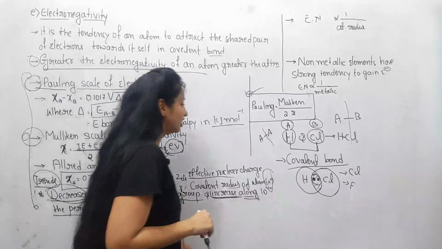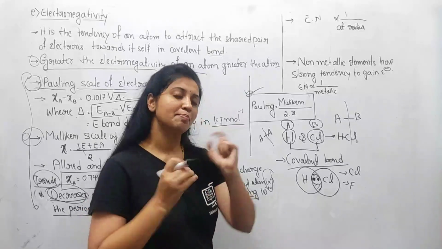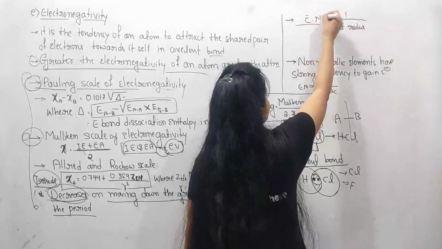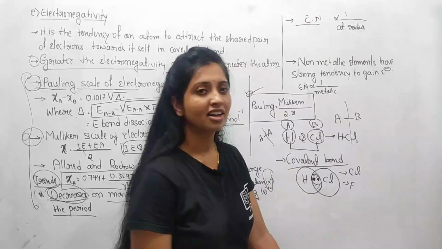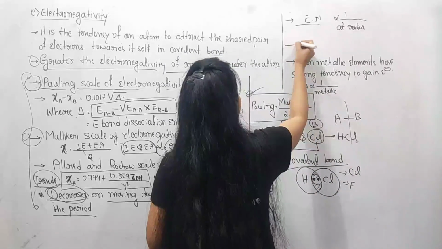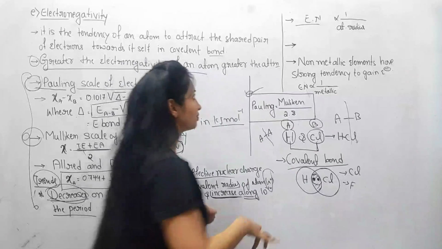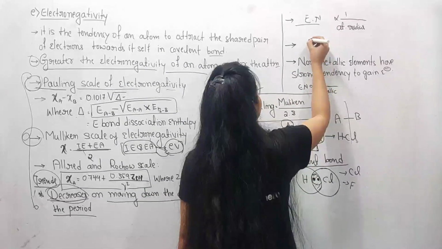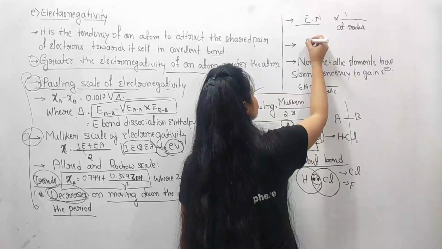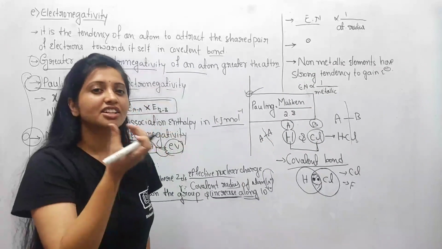So why does it increase along the period and why does it decrease down the group? Just see here, factors like atomic radius affect the electronegativity. The electronegativity is inversely proportional to the atomic radius. You know about the atomic radius from a previous class also. When the atom is smaller in size, what happens? The distance between the electron and the nucleus is very small.